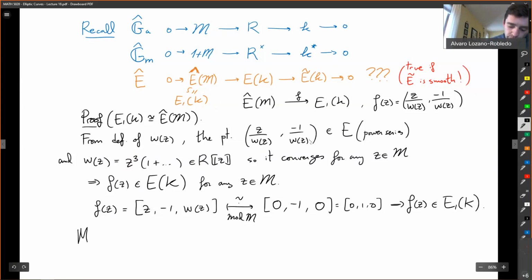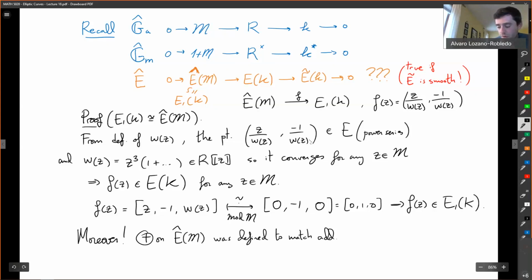Moreover, addition on E hat was defined to match addition on E. It was exactly the addition that corresponded to the addition of Z values on E. So the map is a group homomorphism.